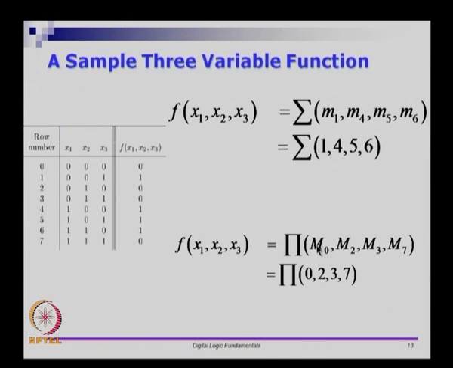Since pi goes with capital M, you can silently drop the capital M, and you have it as pi of 0, 2, 3, 7. So given a truth table, you can write the canonical sum of products using the sigma notation, and the canonical product of sums using the pi notation.